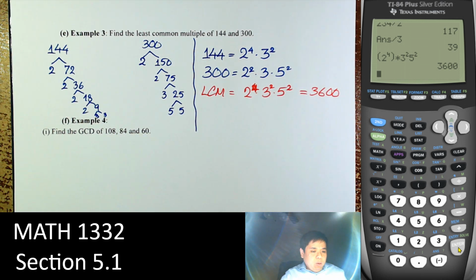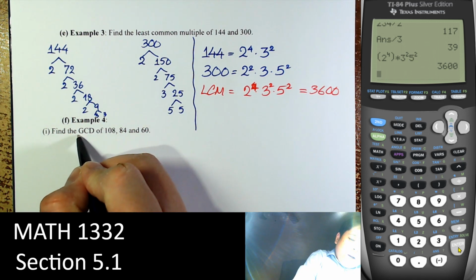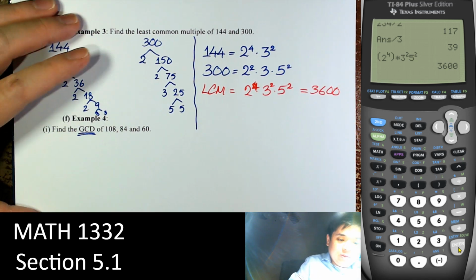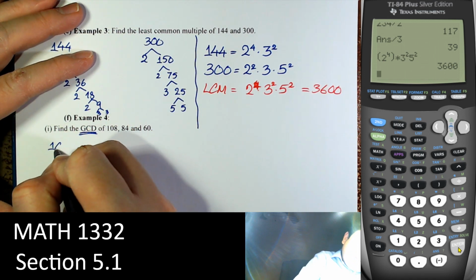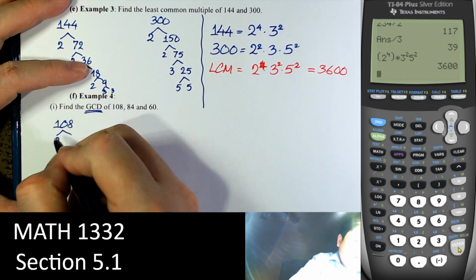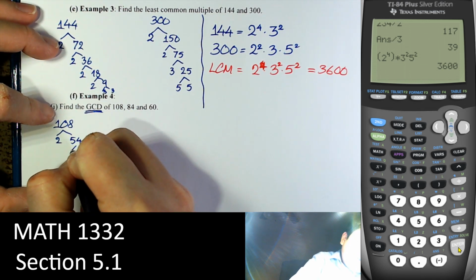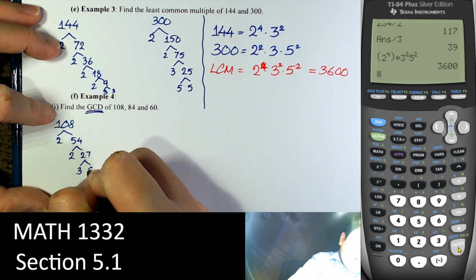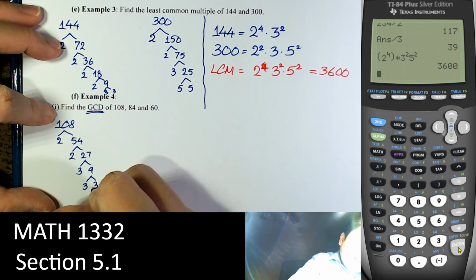Right. And what happens if we have 3 numbers? The rule is still the same. First, find the greatest common divisor of 108, 84, and 60. 108, do the prime factoring first. 54, 2 and 27, 3 and 9, 3 and 3.